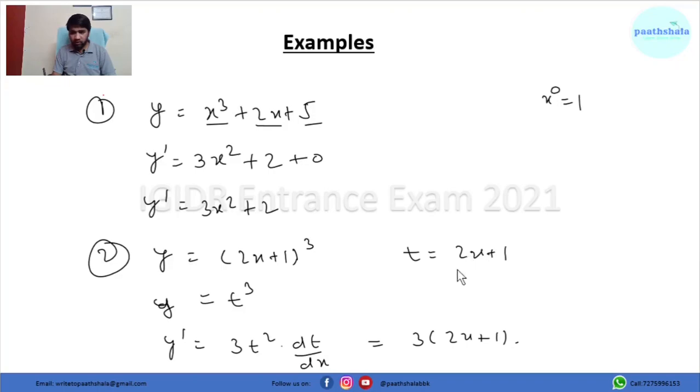If we find dt by dx, it will become 2. So the answer will be 6 multiplied by (2x plus 1) square. So this is the chain rule, because here there is one function inside another. Okay, let's move to the next example.